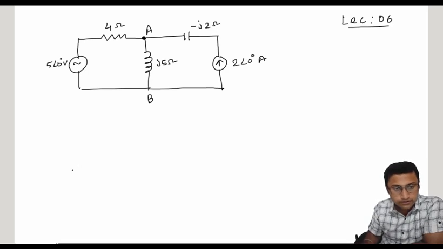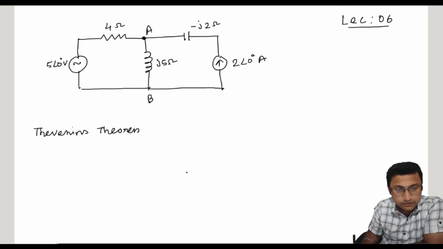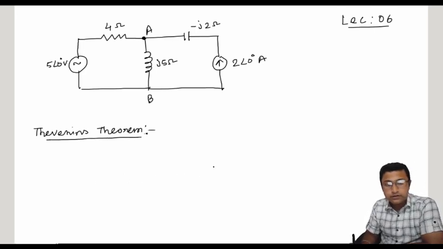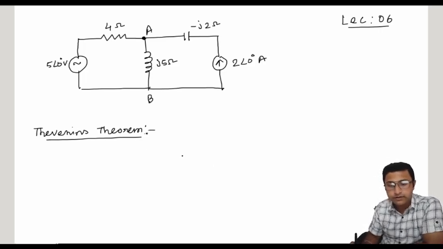So we are considering Thevenin's theorem. Step 1 for Thevenin's theorem is that the load impedance path is removed by an open circuit.